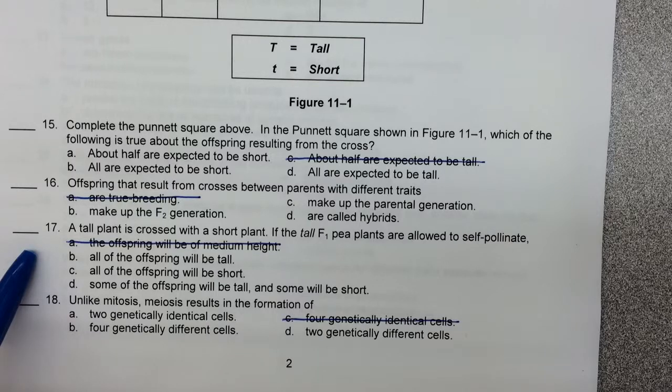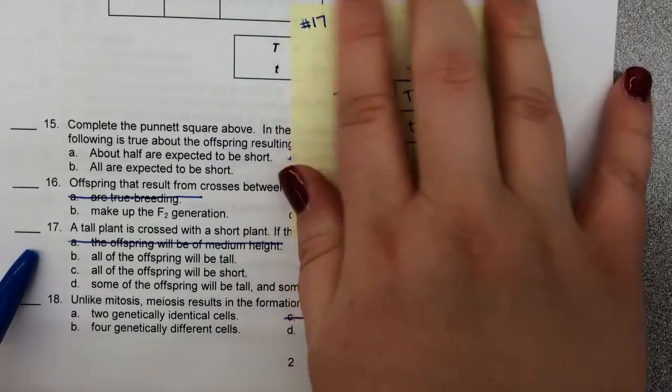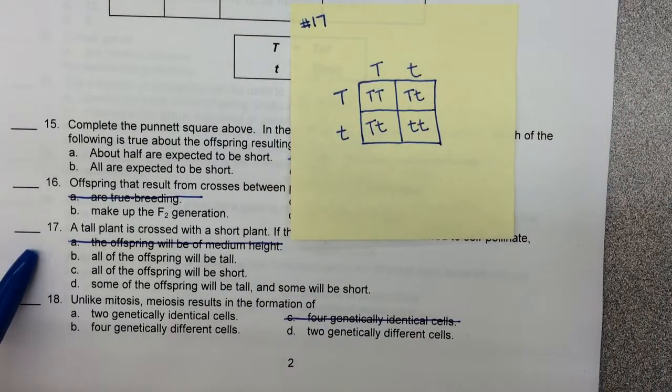If the tall F1 plants are allowed to self-pollinate, B, all of the offspring will be tall. C, all of the offspring will be short. Or D, some of the offspring will be tall and some will be short. For 17, again, I did a Punnett square for you so you can take a look at it.